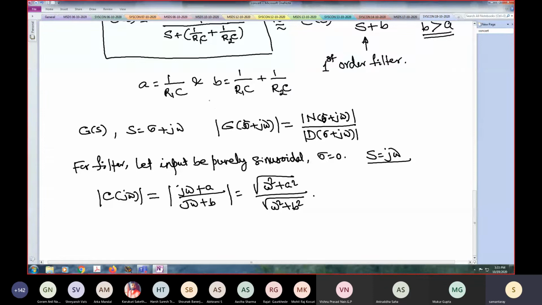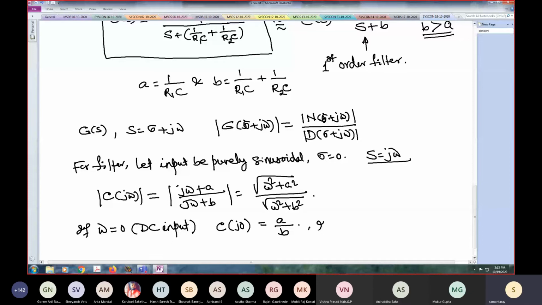So now, if omega is equal to 0, that is DC input. So constant frequency is not changing, it's a constant input, omega is equal to 0. Then magnitude C J0 is how much? Omega is equal to 0, it is A by B. Okay, straightforward.